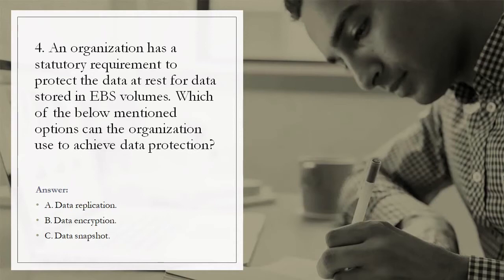For protecting Amazon EBS data at rest, the user can use options such as data encryption, data replication, and data snapshot. Data encryption works on Windows, Linux and third-party based. With data replication, AWS internally replicates data for redundancy, and snapshots help with point-in-time backup.